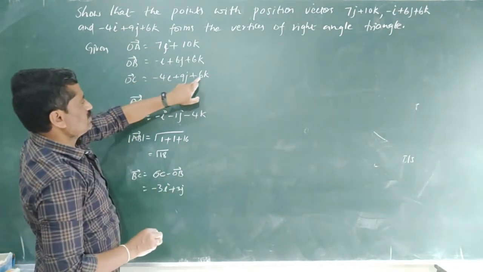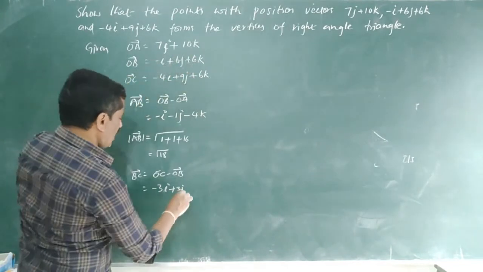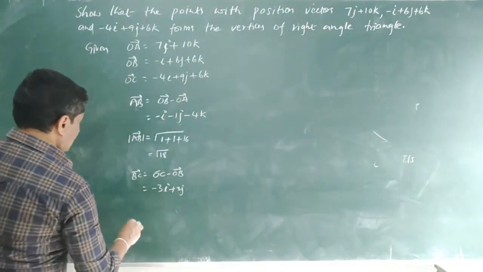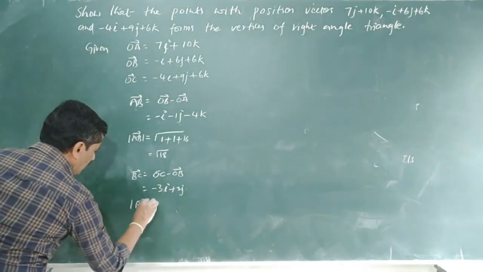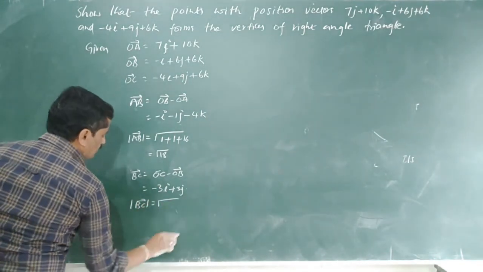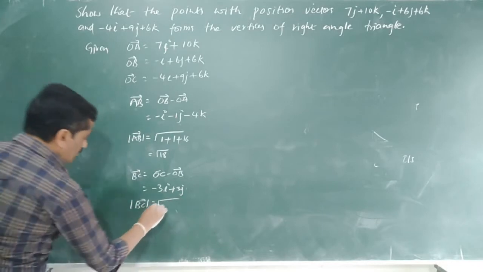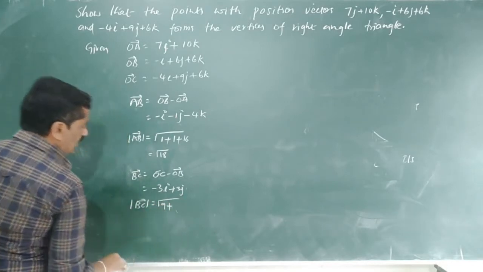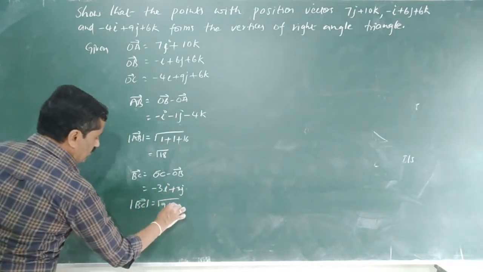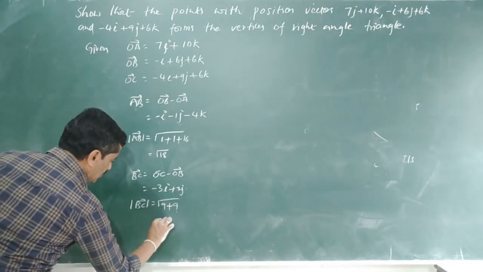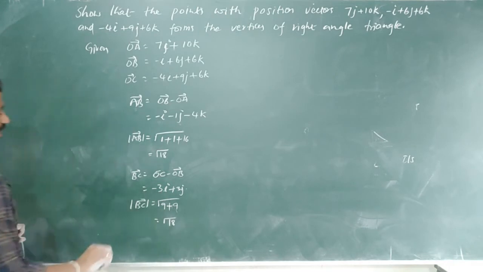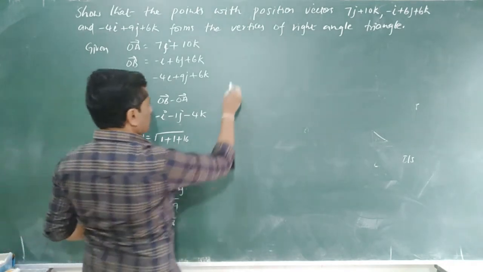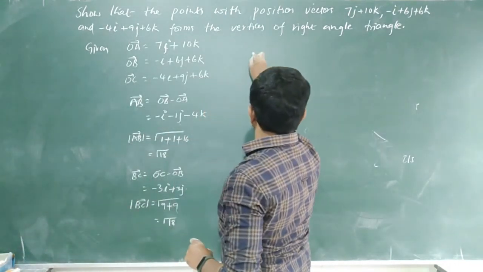Again, 6 minus 6, we have 0k. Therefore the magnitude of BC bar is equal to the square root of minus 3 squared, 9, plus 3 squared, 9, that is the square root of 18. Next we need to find CA bar.